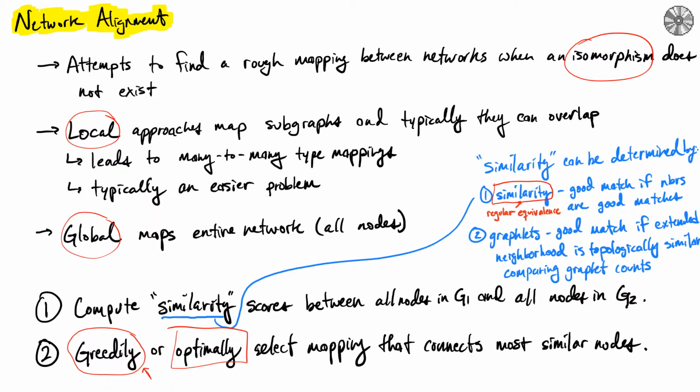And that's essentially this idea that if the neighborhood around a node is similar to the neighborhood around another node, those two nodes might be matched together, or at least have a high similarity score. And then in this class, we're also introducing this notion of a graphlet, which is a small subgraph. And so if the graphlet neighborhood around a node is similar to the graphlet neighborhood around another node, then you could imagine a similarity there.